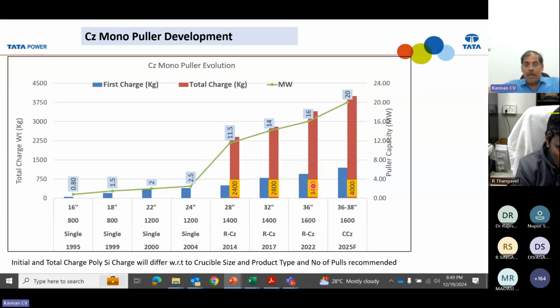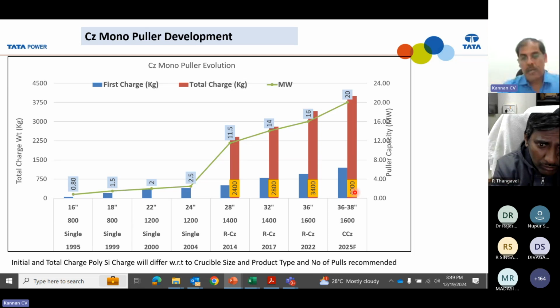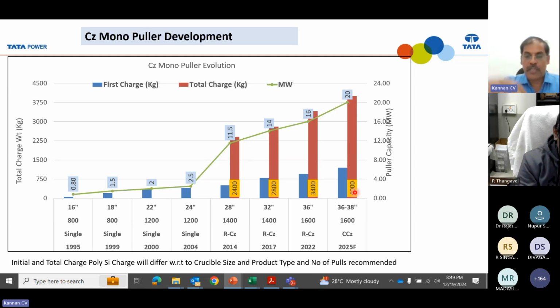The more polysilicon you load, the more crystals you can grow. So automatically the capacity of the puller will also increase, and it is expected very soon that 4,000 kg of polysilicon overall can be used. At a time you can only load 400 or 500 kg, but continuously, after one crystal, you load again, so that overall you can use 4,000 kg, and the capacity of the puller can grow to 20 megawatt per year.